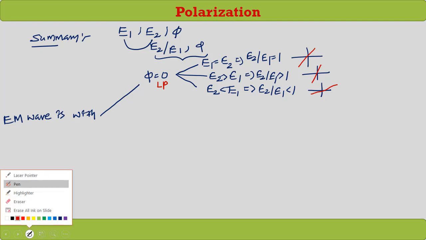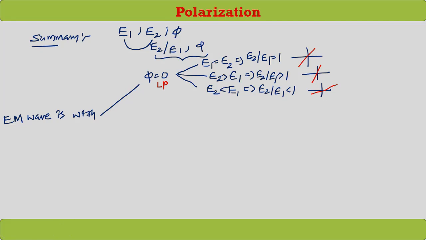And similar kinds of things you will get when you take phi equal to 180 also. Same thing you have to take. That means here also we have 3 cases: E1 equal to E2, E2 greater than E1, and E2 less than E1.